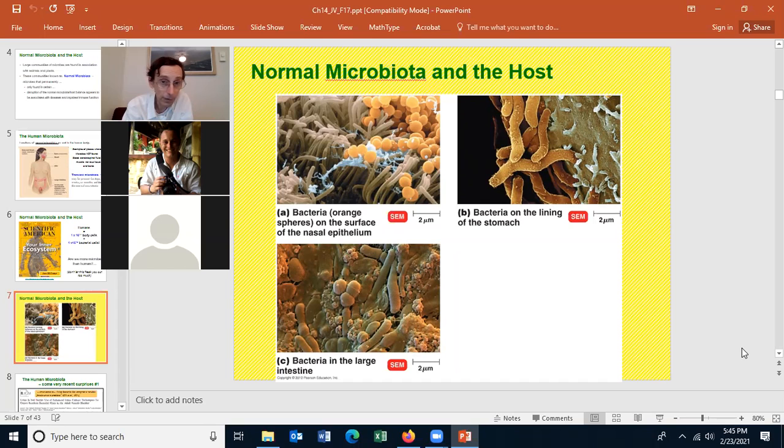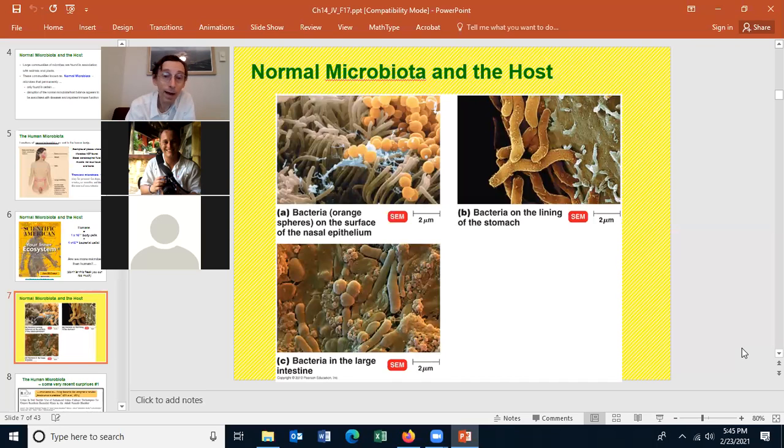Good question, but no, it doesn't normally become a part of your normal microbiota. And like I said, if it were to cause disease, they will remove it from your transient microbiota. They'll remove it from you. Okay, thank you.